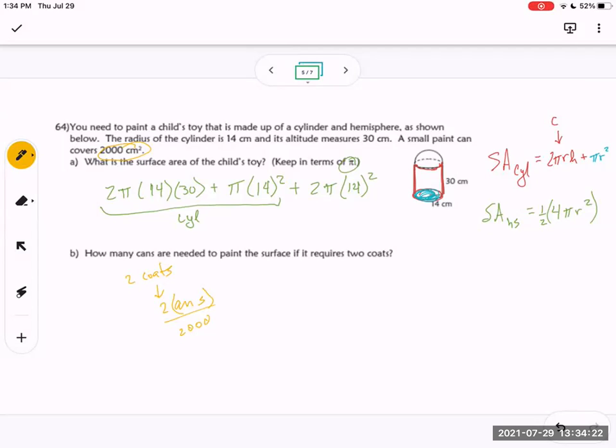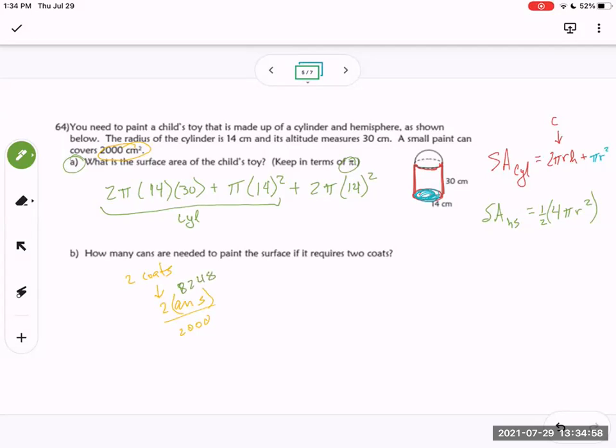Correct, right? Thank you. So what was the screen answer up here, guys? For part A, what was the total surface area? 1,428 pi. Go ahead and multiply it by pi. Tell me what the number is. It's like 8,248, something like that.